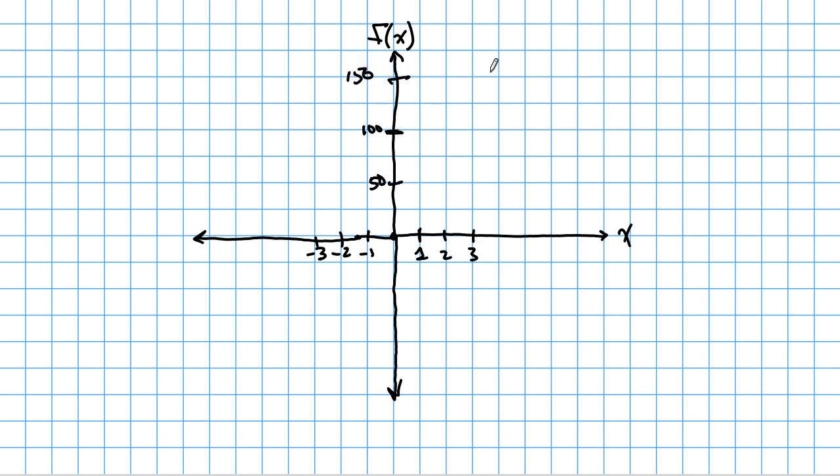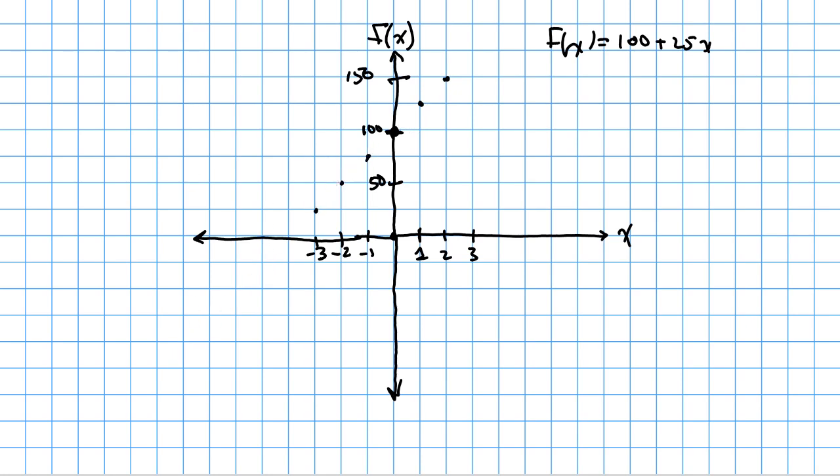And so the function was 100 plus 25x. Our y-intercept was 100, and our slope is 25, so we go over 1 and up 25. Since our units are in 25s, it'll just be over 1 and up 1 box for each point.